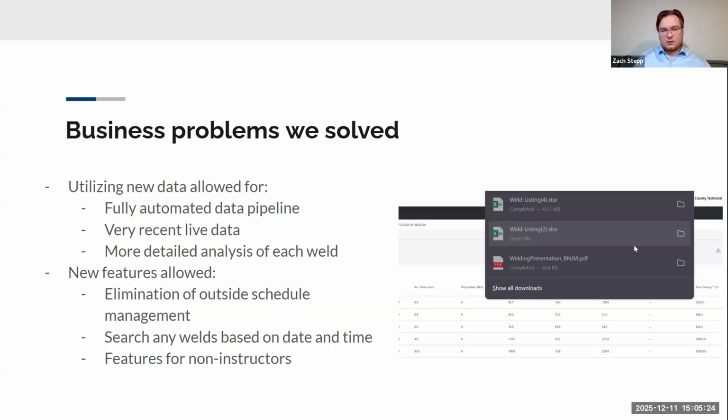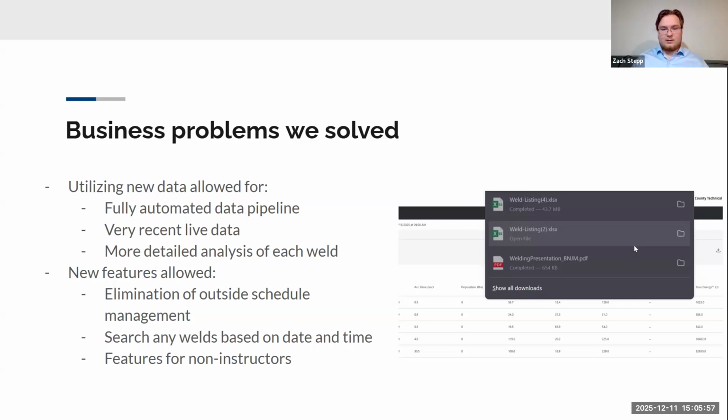The new features included the elimination of outside schedule management. This was a business problem where previously the students working on the project would have had to ask the instructor, hey, what's your schedule for this semester so that we can fill that out for you? Now that's something that the instructor can set up themselves and customize to their own needs, and search for any welds based on the date and time.